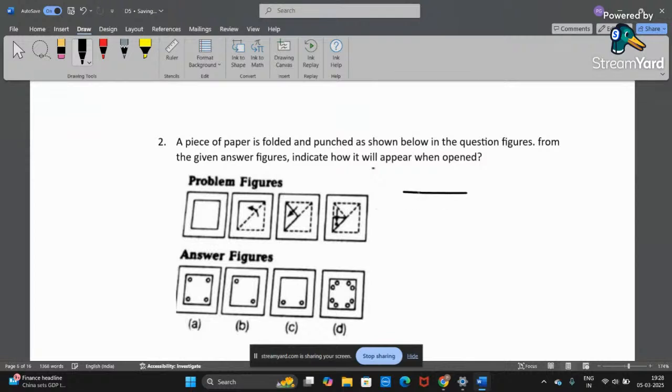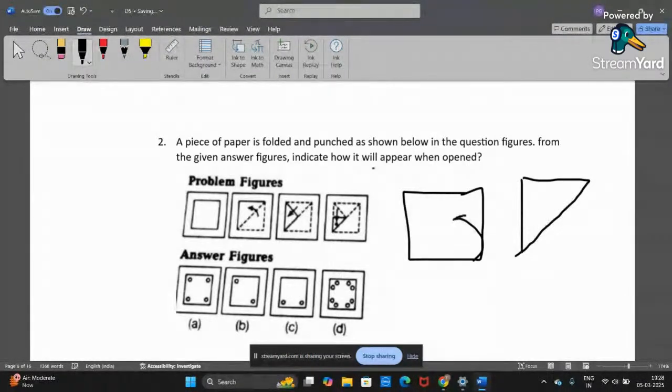Here, again they are taking a square paper and then they are folding it into a triangle. They are folding from this side. Okay, then it will look like a triangle. Again, this triangle is folded again, this side.